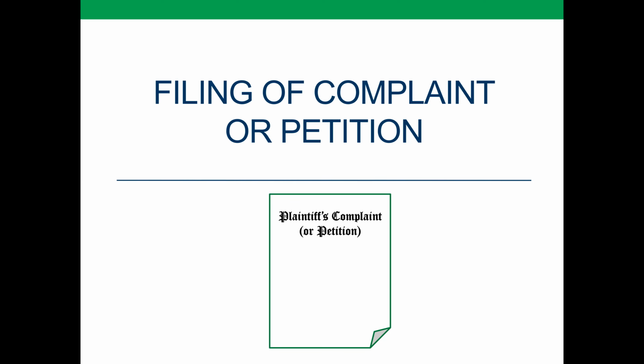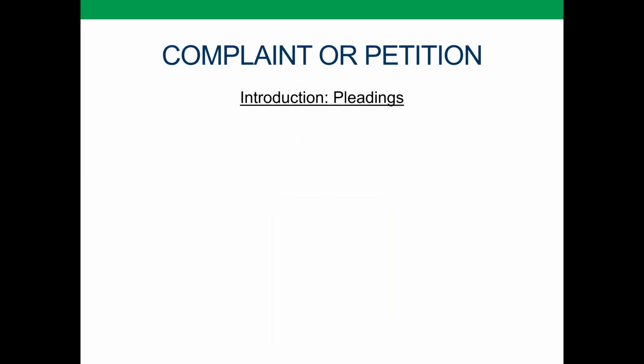Filing of the lawsuit involves filing a document called a complaint or petition by the attorney for the plaintiff. Now, I want to make sure you understand this category of documents that includes the complaint or petition, and it also includes the defendant's answer. These documents are called pleadings.